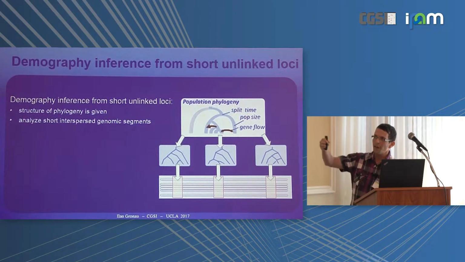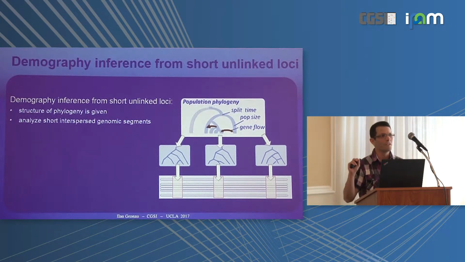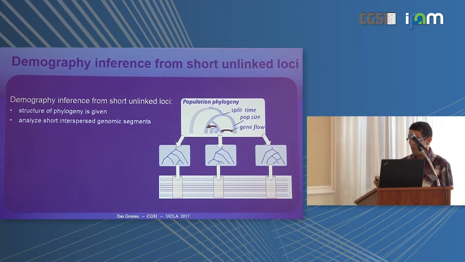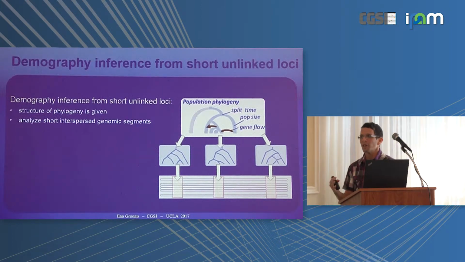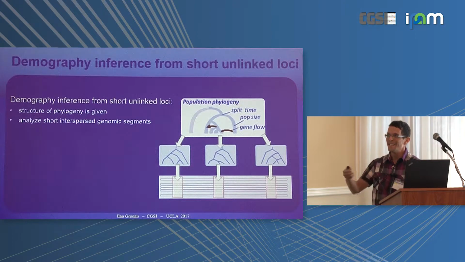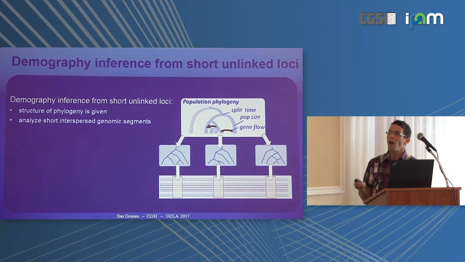Obviously, to make these ideas work, you have to make sure that these slightly false assumptions you're making are not going to hurt you, and that's pretty well established. So now how do you use it to do demography inference? It still doesn't solve the problem. It's still quite a complicated problem, but as I'm going to show in the next 5 minutes, it at least makes it somewhat tractable.